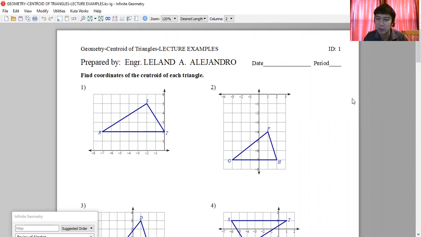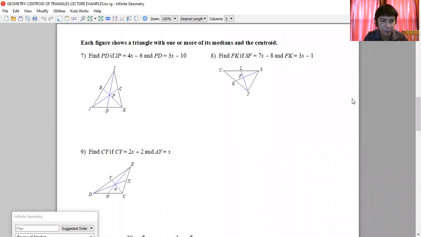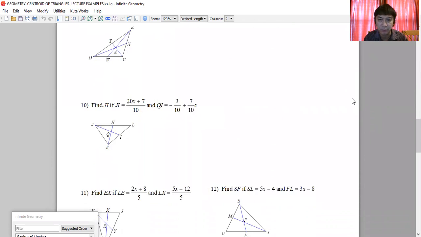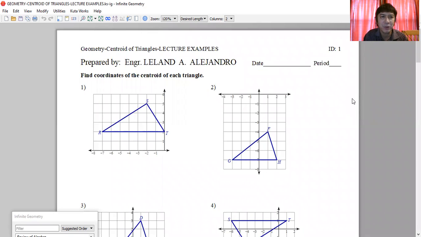We're going to use about 12 examples of triangles. So we shall discuss each problem in detail. We're going to use the presentation view.